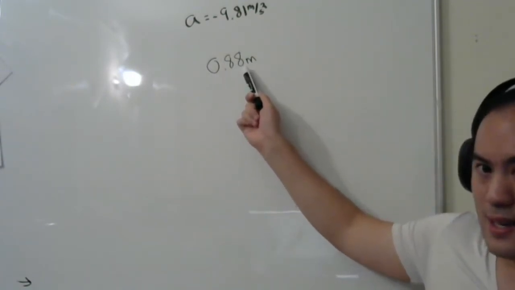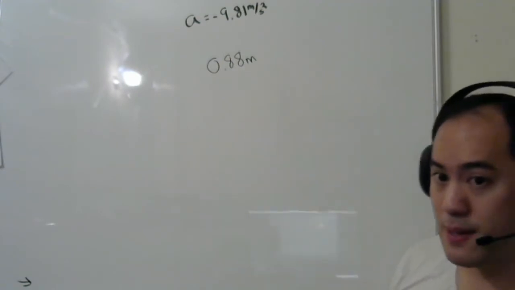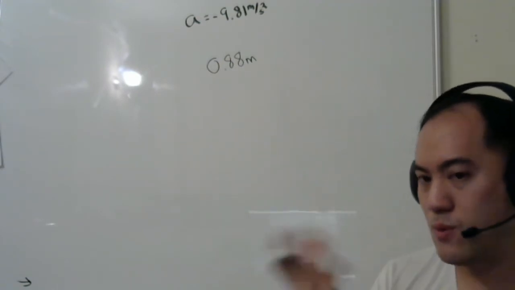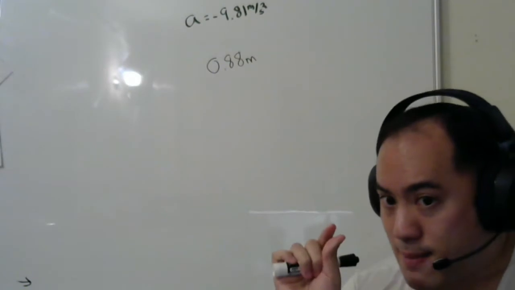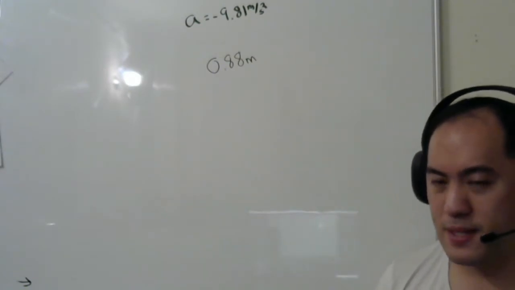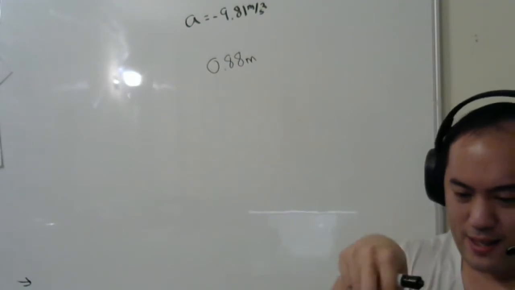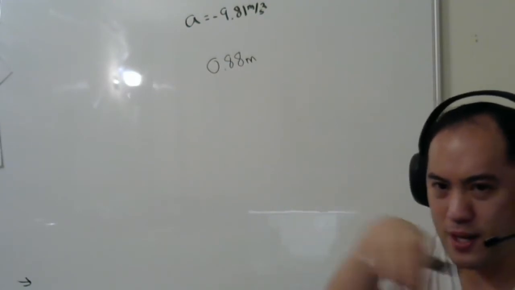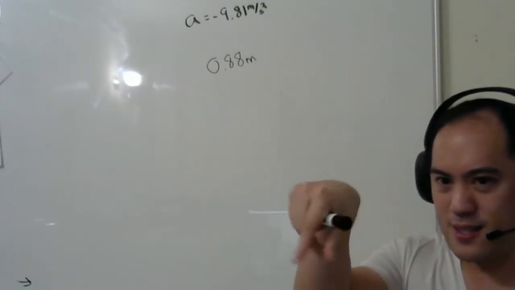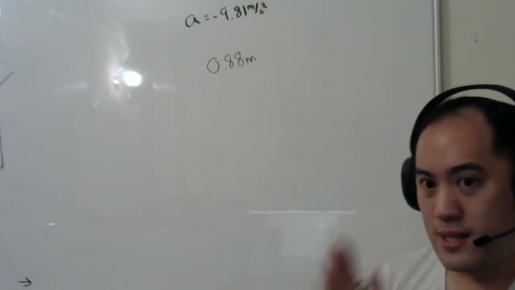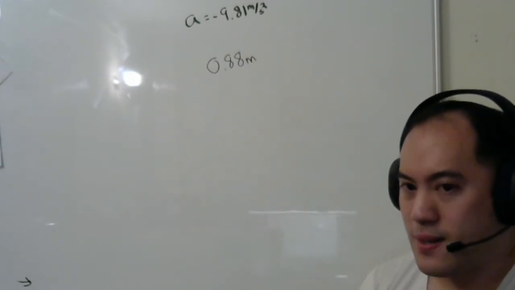This is a sig fig in the centimeter place, so it's accurate, roughly, to the nearest centimeter. You guys have GPS on your phone. You know you're trying to go somewhere, and you're walking, and you look down, and the blue guy in Google Maps is teleporting across the road, and then it's turning and all the weird stuff. GPS is not accurate to a centimeter.